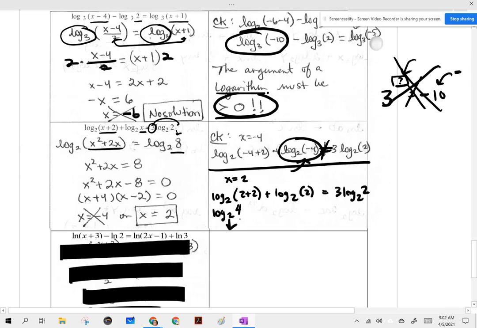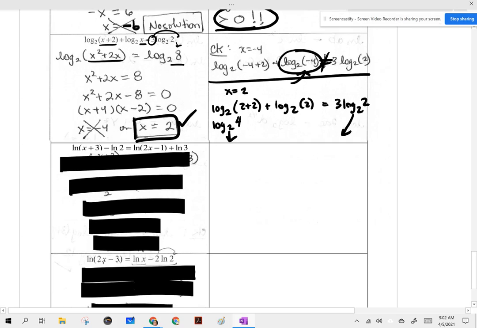And I think about what that number is. 2 to what power gives me 4? Well, it's 2. Log base 2 of 2, remember what that is. 2 to what power gives you 2? So that's a 1. And then this is 3 times log base 2 of 2. Log base 2 of 2, we just said was 1. And so 2 plus 1 is 3. 3 does equal 3. So x equals 2 is correct.